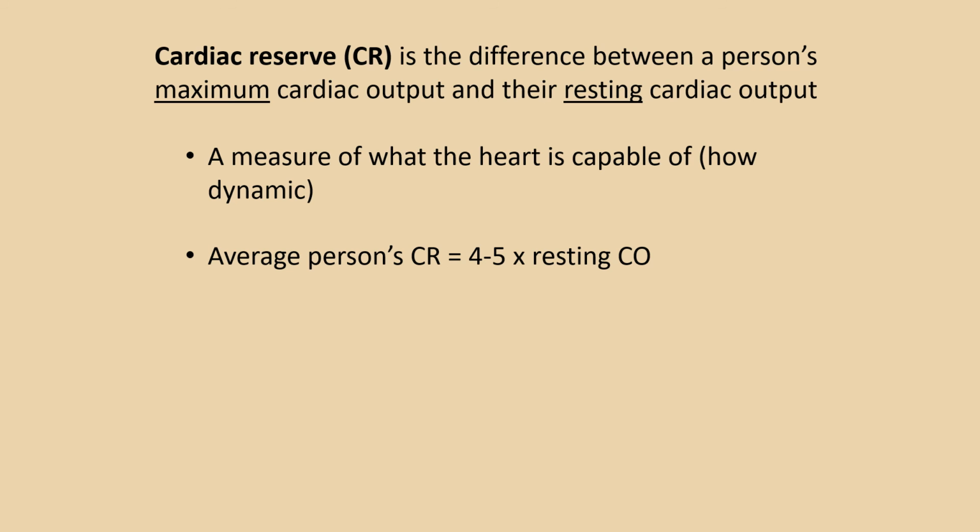So for an untrained, otherwise healthy individual, cardiac reserve is 4 to 5 times resting cardiac output. So this applies to the example we just went through a moment ago, where this person's resting cardiac output was 5.25 liters per minute. And then we had them exercise.